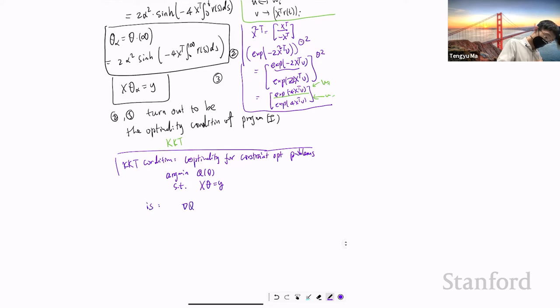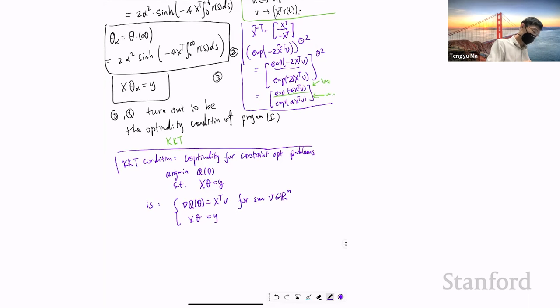It says that the gradient of Q at theta equals X transpose v for some v, in dimension N, and then X theta needs to equal Y. So this is the KKT condition for this kind of program. And one thing you can do is just look up a book and invoke a theorem which says that this is the KKT, the optimality condition.